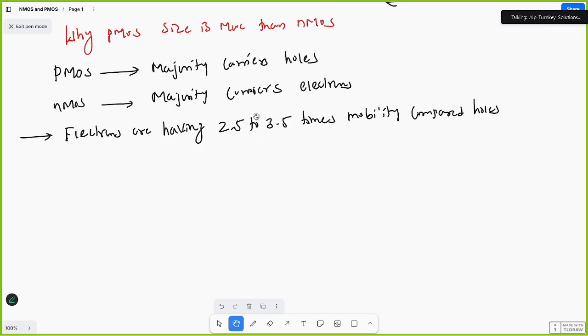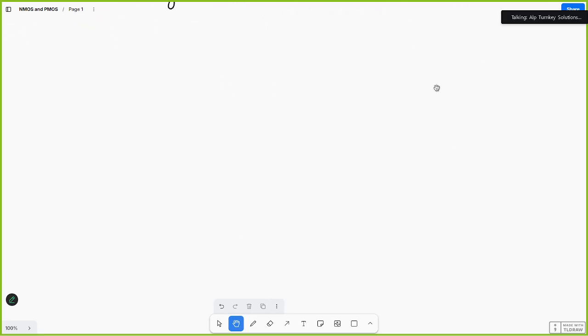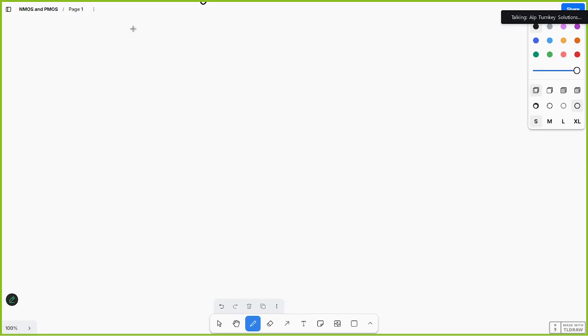Symmetric CMOS inverter means some parameters you can approximate. That is nothing but symmetrical CMOS, which we will discuss in further classes. What is the symmetric CMOS inverter?